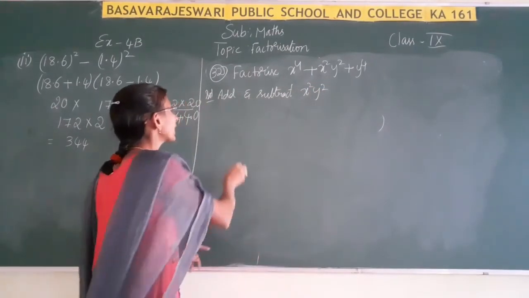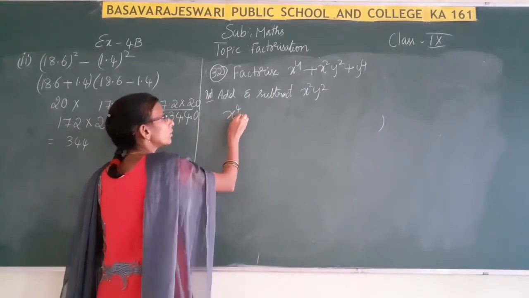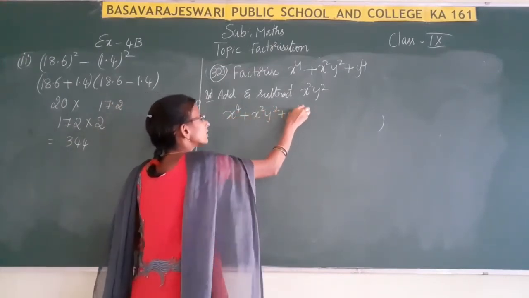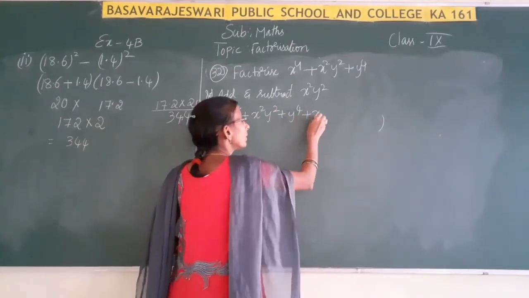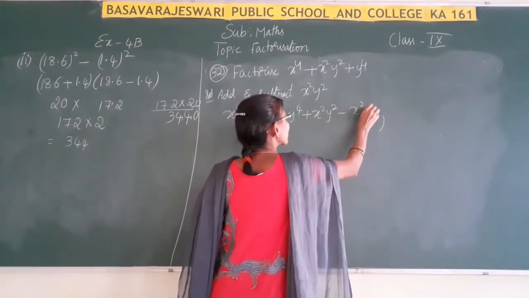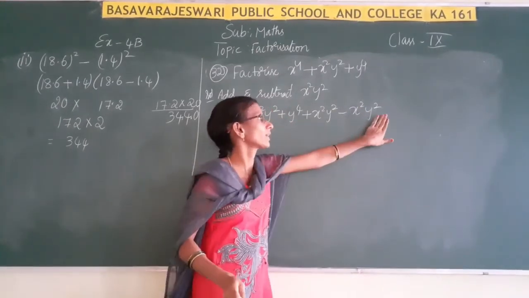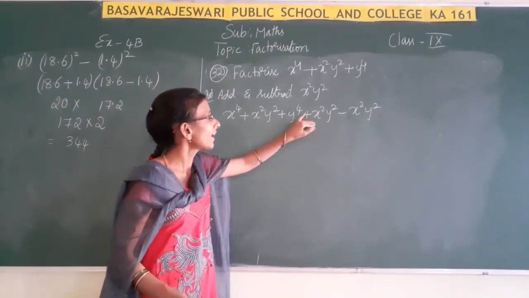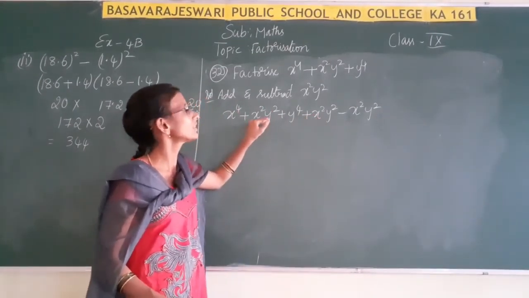Okay, so what do we get? x power 4 plus x square y square plus y power 4 plus x square y square minus x square y square. First, we will add this x square y square to this term.